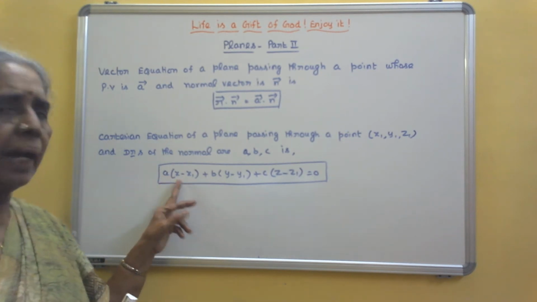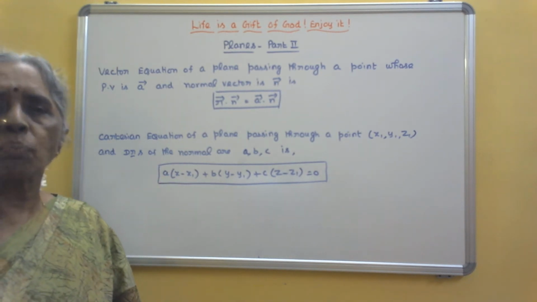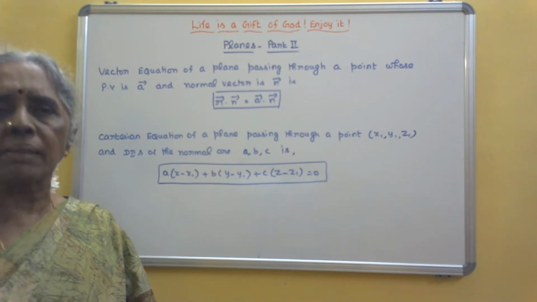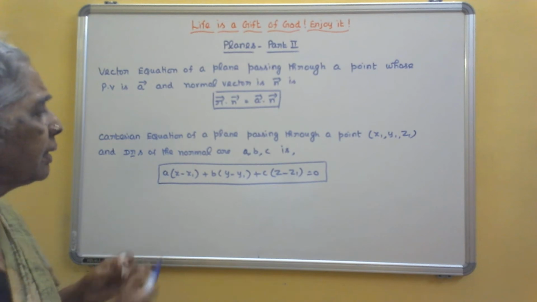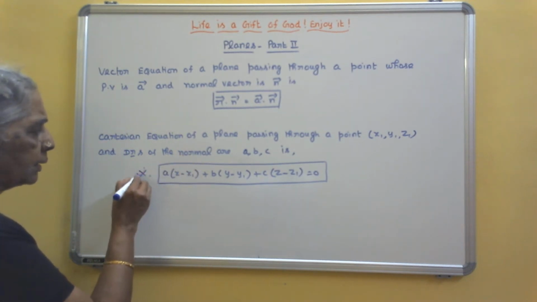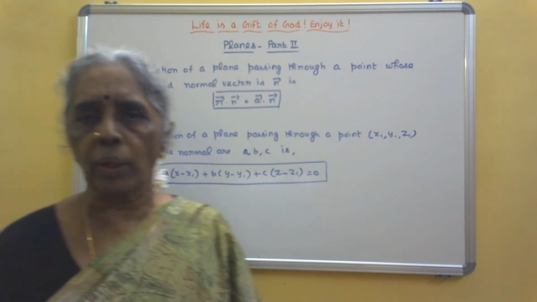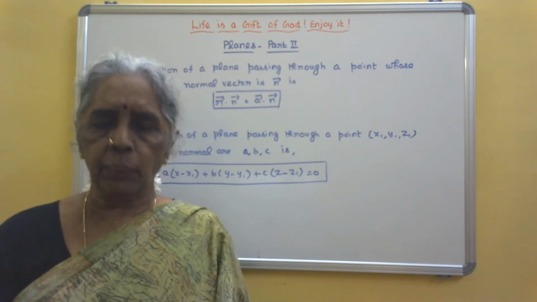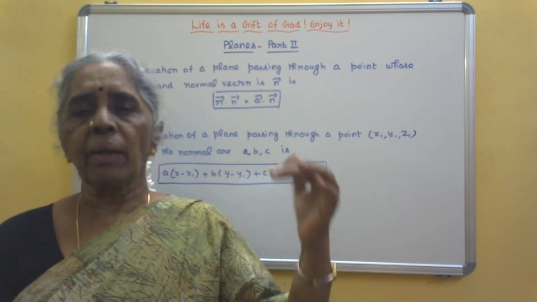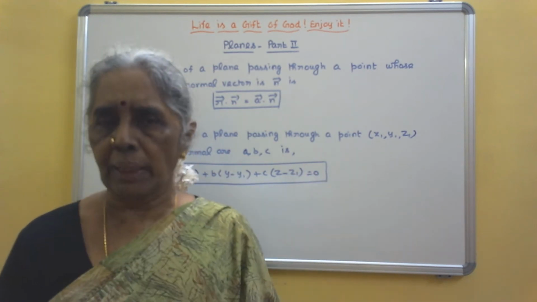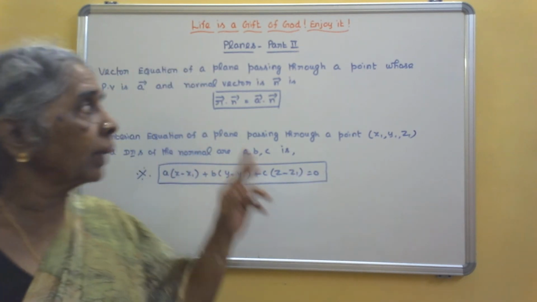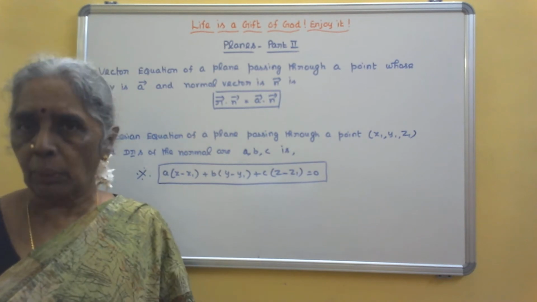Now it is a into x minus x1 plus b into y minus y1 plus c into z minus z1 is equal to 0. This is a very important formula because we will be using this in some models whenever we want to find the equation of the plane. If they have given us 1 point or 2 points like that, we will only use this one. So now you can note down these two formulae in your notebook.